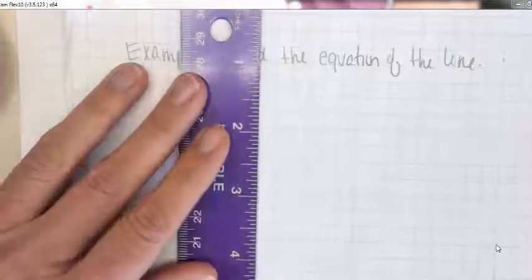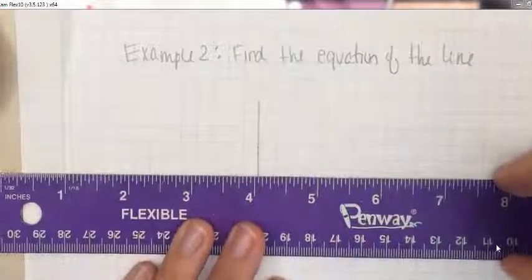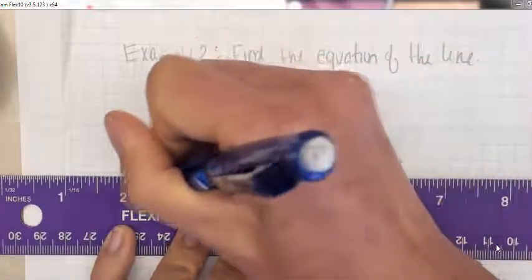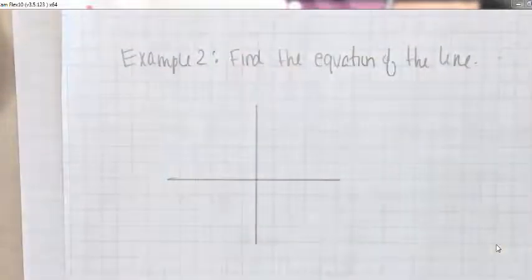So we're going to graph this line, and then we'll find its equation.